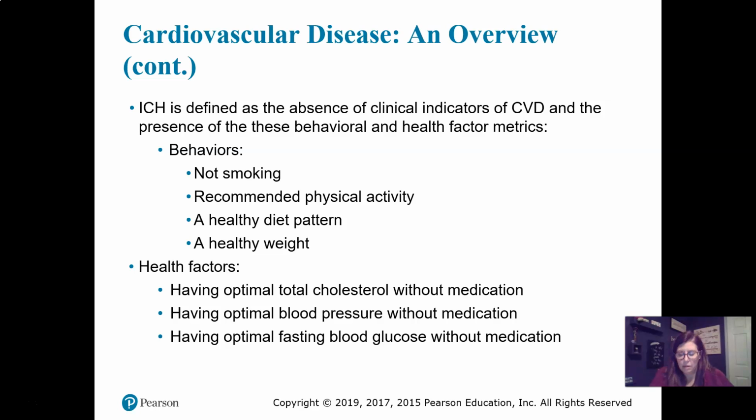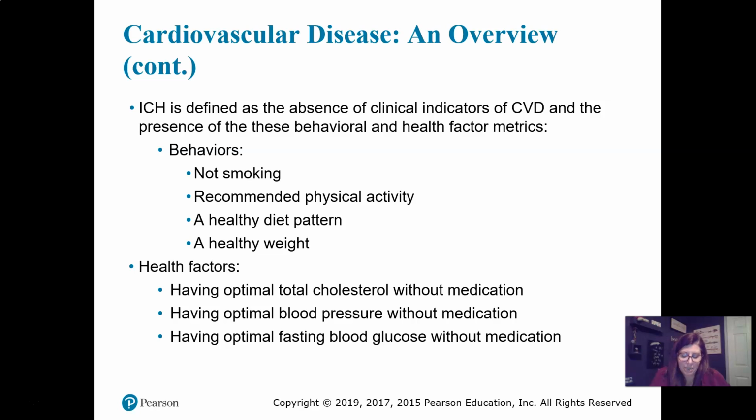So, not smoking, sufficient physical activity, a healthy diet, an appropriate energy balance and normal body weight, optimal total cholesterol without medication, optimal blood pressure, and optimal fasting blood glucose, both again without medication.